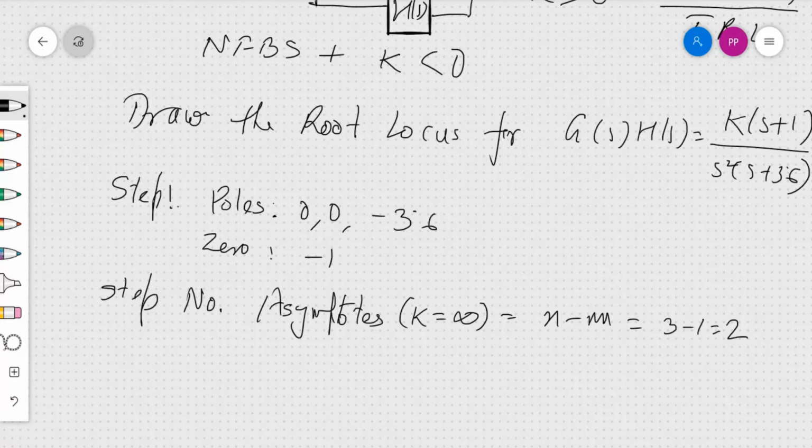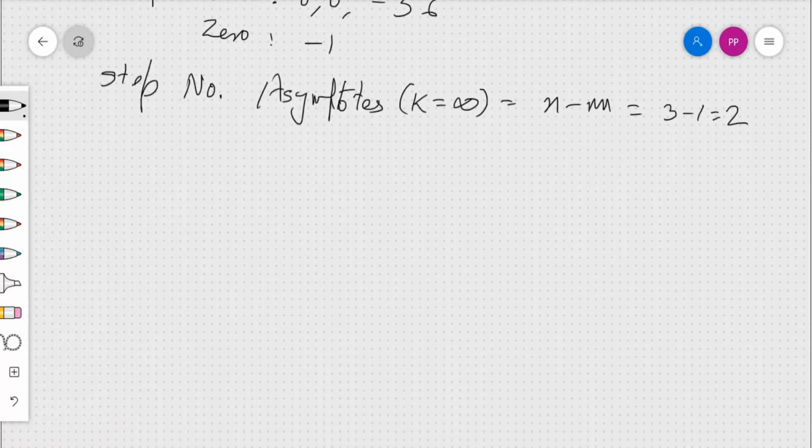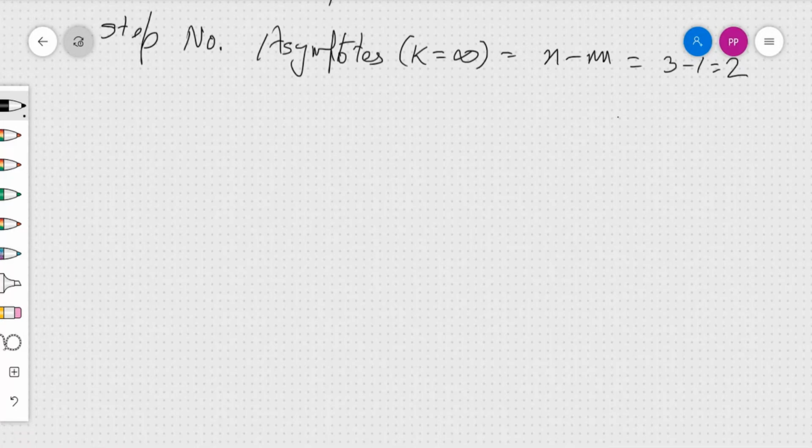We will continue by drawing the root locus plot by hand.